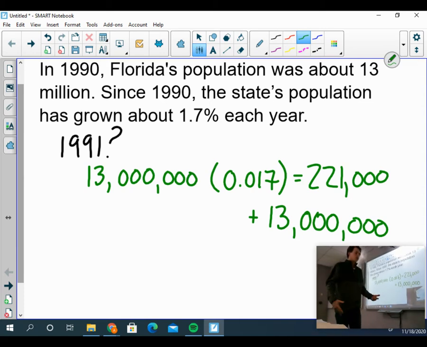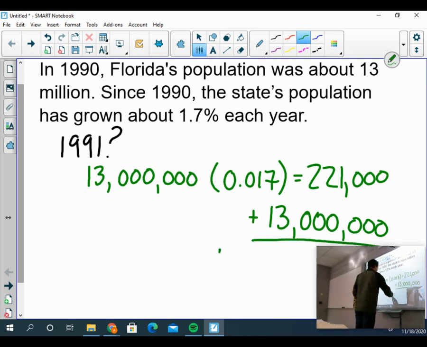I started at 13 million. 1.7% of that's 221,000. So if I'm growing by 221,000, I am ending up with a total population in 1991 of 13,221,000.